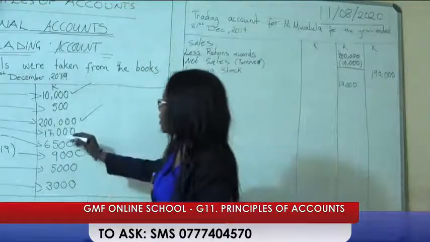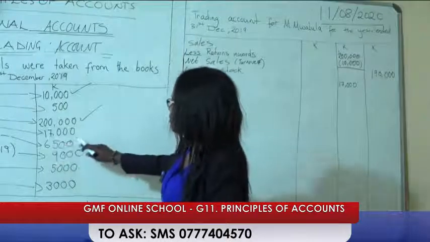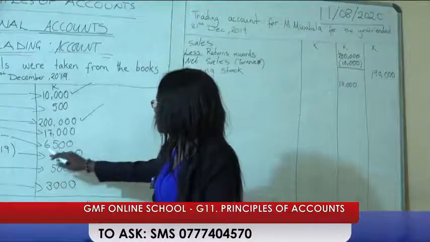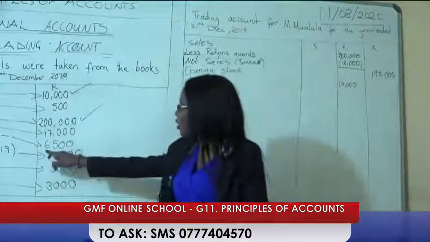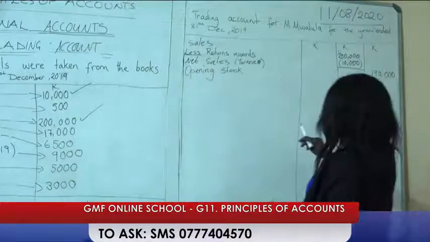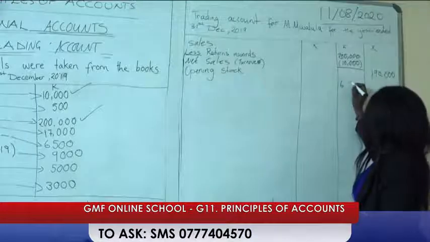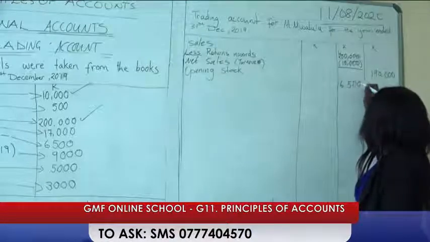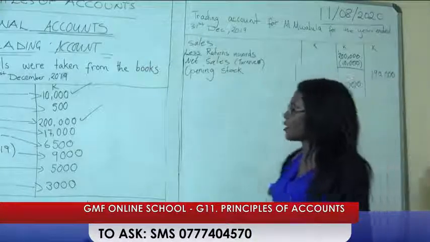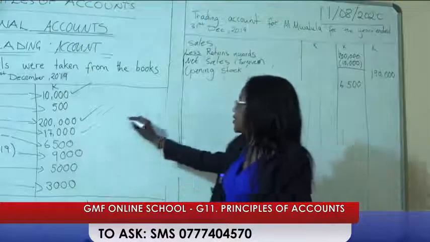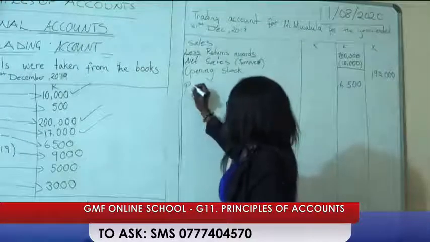So first we go to the purchases. Sorry, on the opening stock, the figure is 6,500, not the 17,000. The 17,000 is for the purchases. So we say purchases.